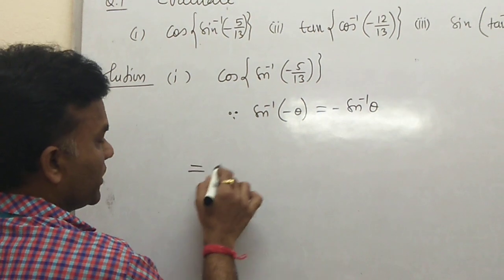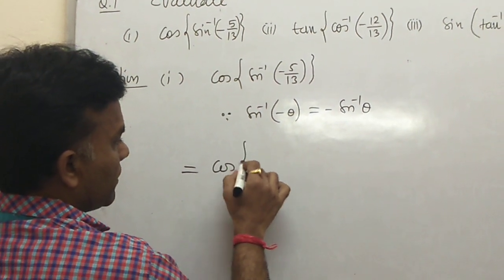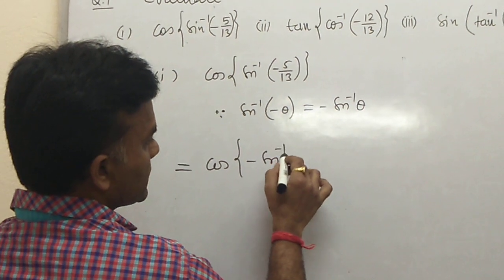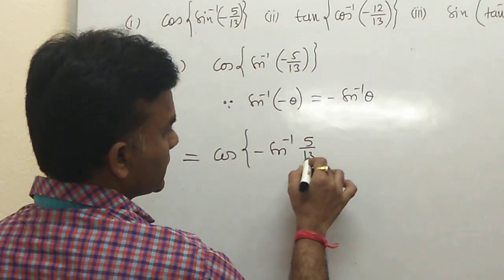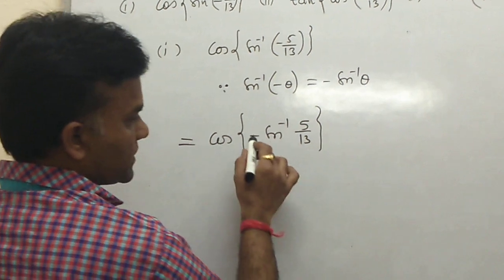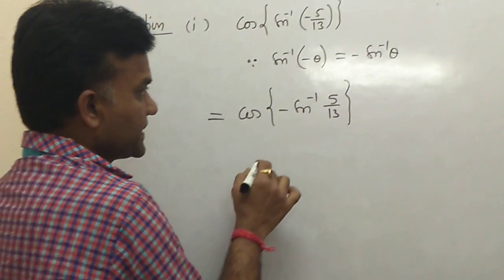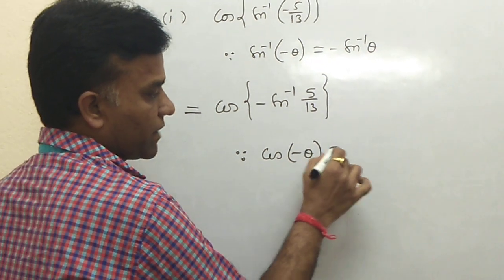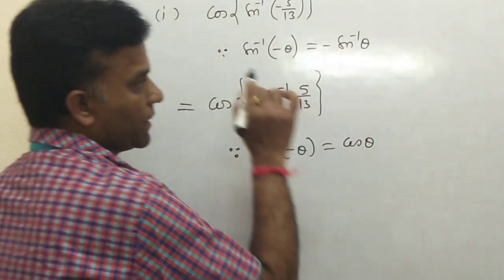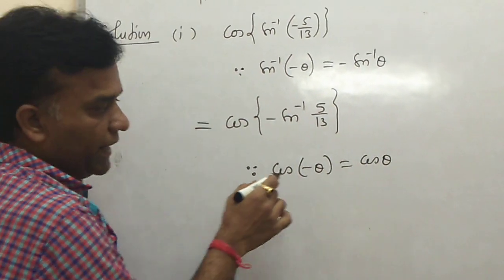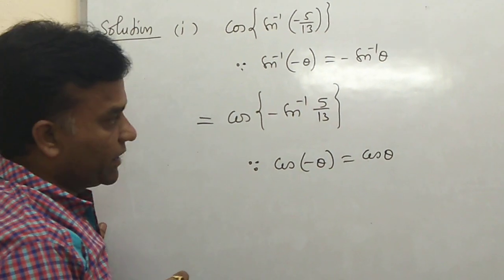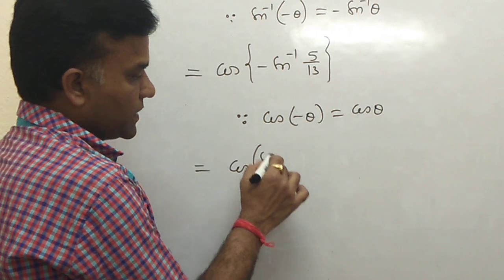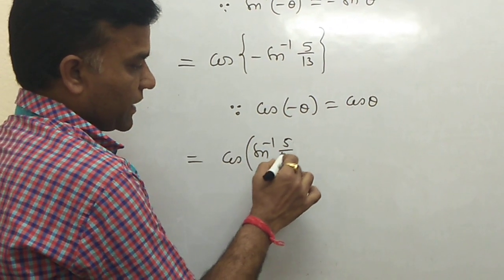So you convert your value to cos of minus of sine inverse 5 by 13. So the minus sign is outside now, and then the second formula we know is that cos of minus theta equals cos theta. There is no change, so it is cos of sine inverse 5 by 13.